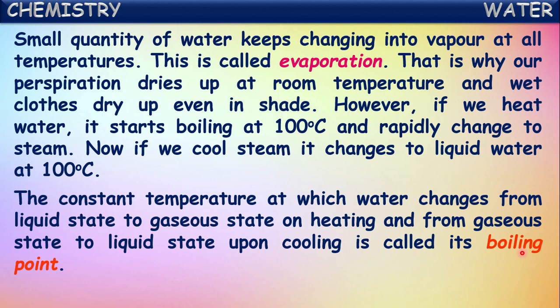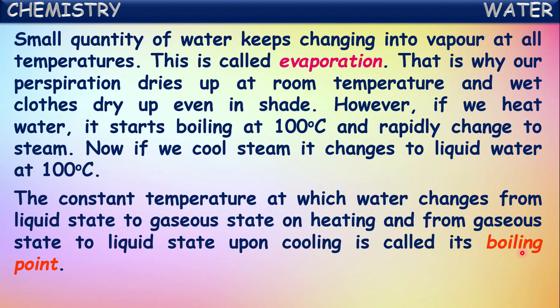On the reverse way, the temperature at which the gaseous state of water converts into liquid state upon cooling is called the condensation point. Just like freezing and melting, these two are also reverse processes, and these two also occur at the same temperature.